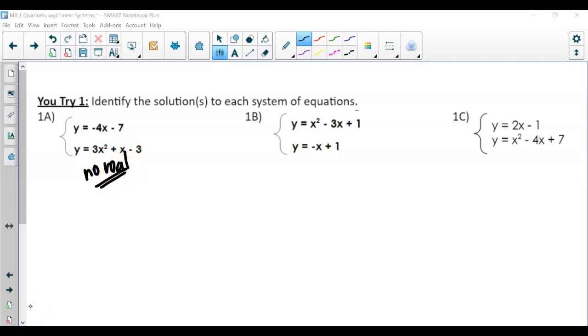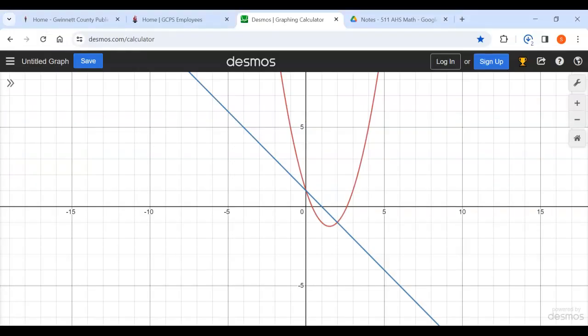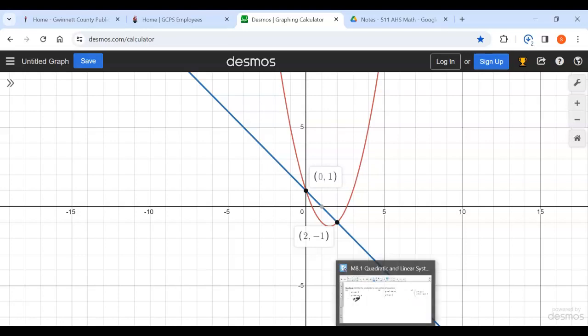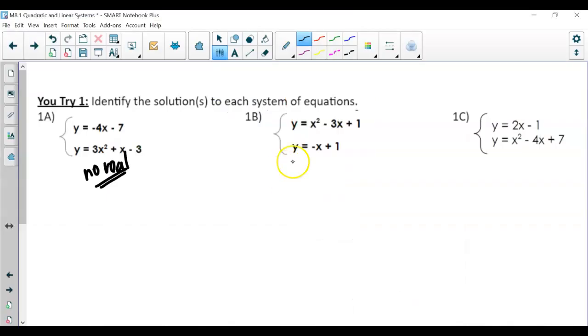For the second system of equations, when you graphed in Desmos, it should look like this. How many solutions are there? 2 real, here and here. They cross at these 2 points, 0, 1 and 2, -1.